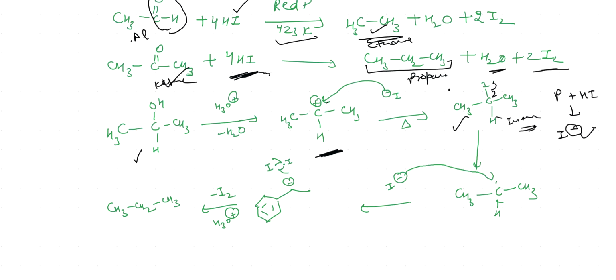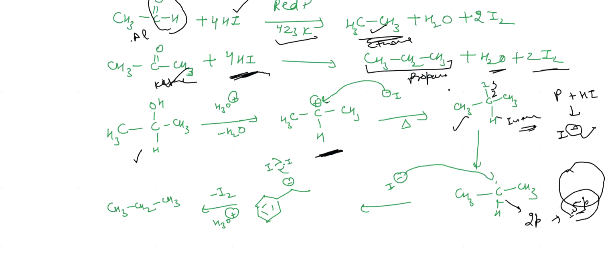As iodine has large size, the bond formed between carbon and iodine will be weak, because the carbon has 2p electrons and the iodine has 5p electrons. So there will be poor overlapping of the orbitals. So it will undergo homolytic fission.